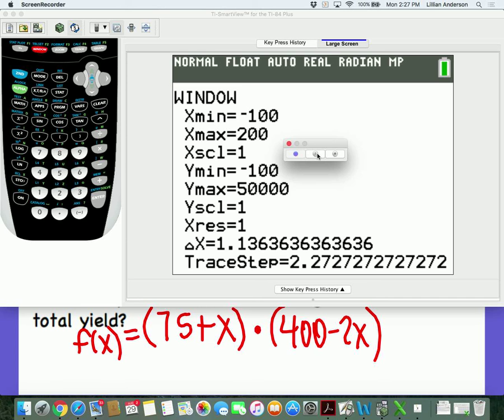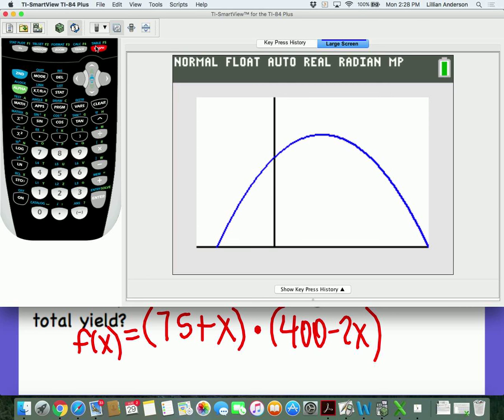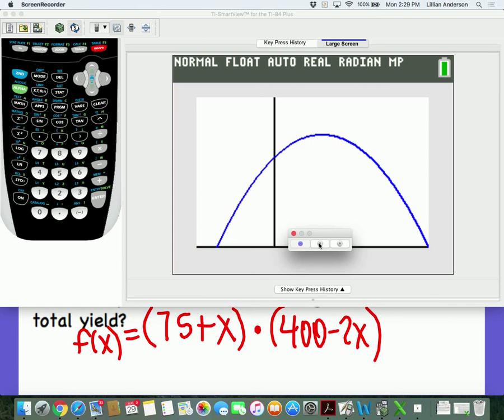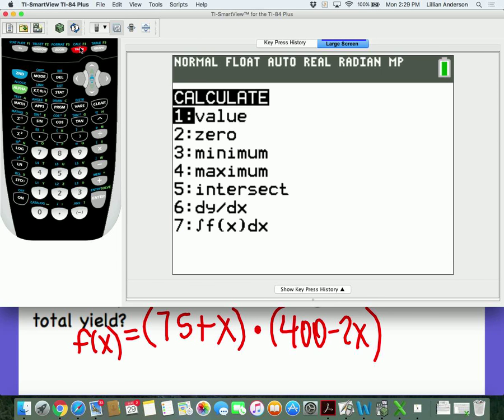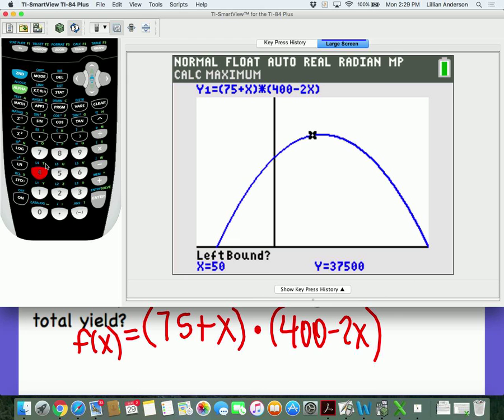So when we look at the graph, we have a maximum. Find that maximum value. Find the x of that maximum. About 62 oranges, right?